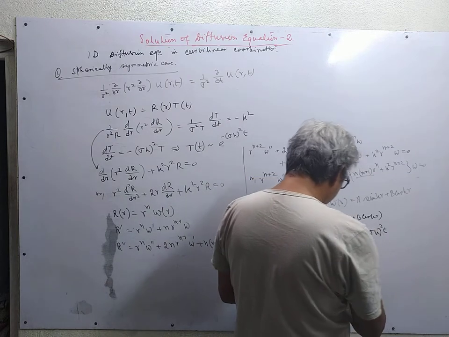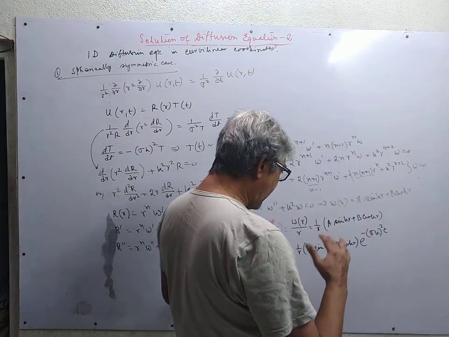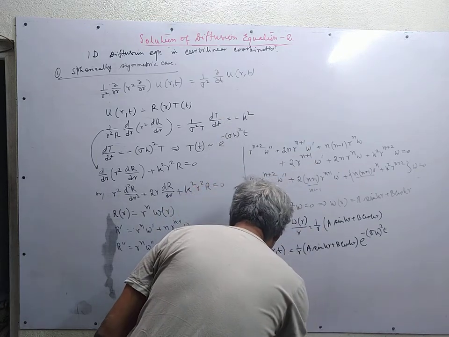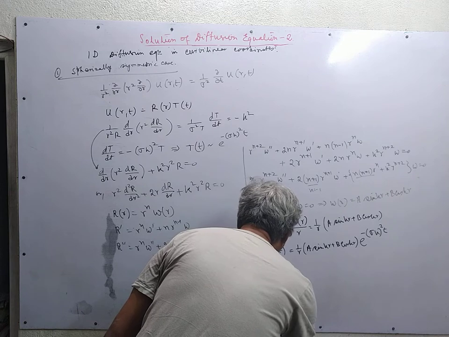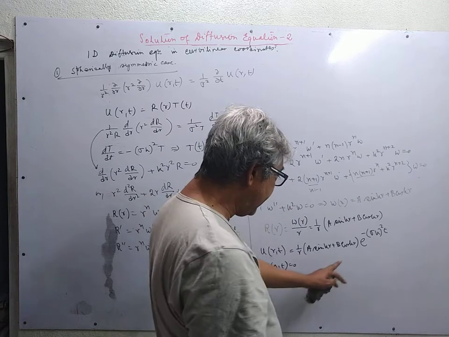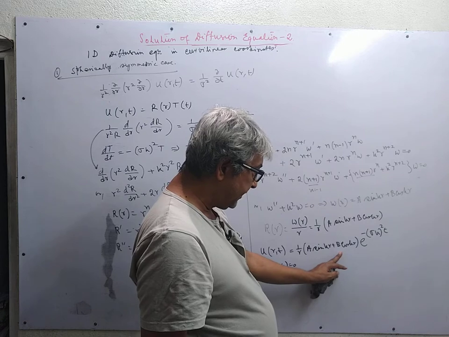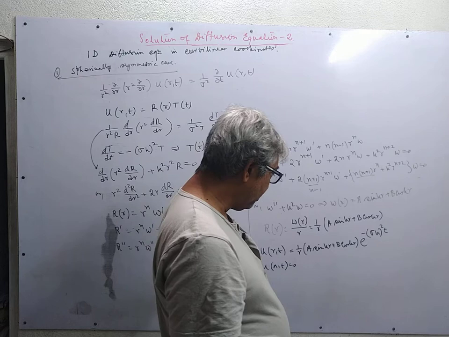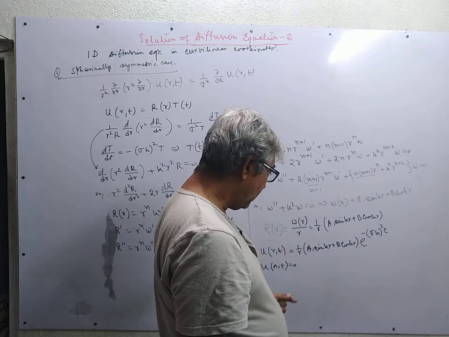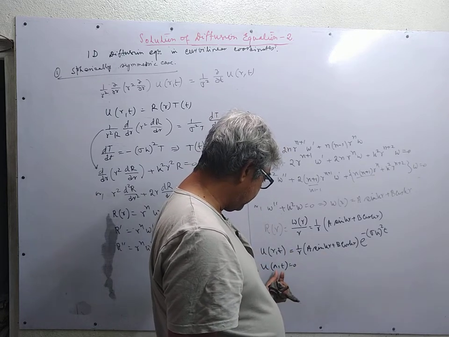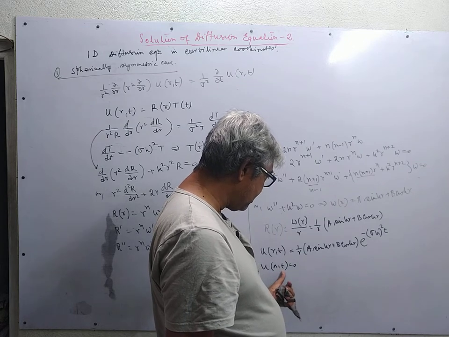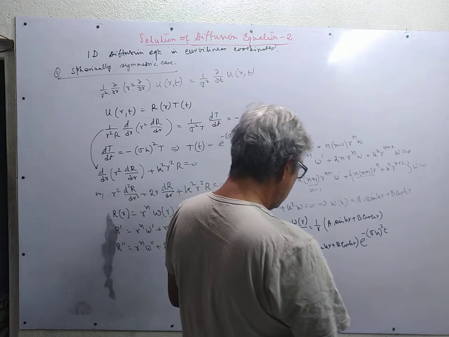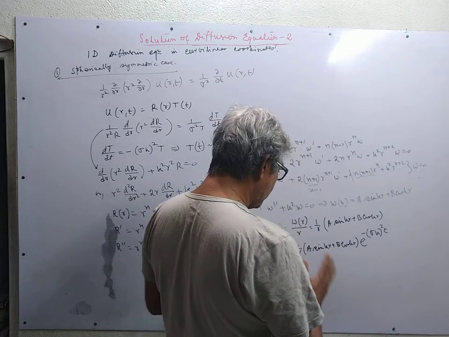Say, for example, we have a sphere of radius a and u at r equal to a is equal to 0. Firstly, at r is equal to 0, the solution has to be finite.